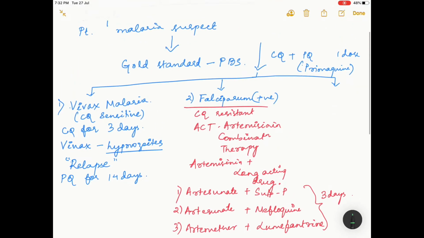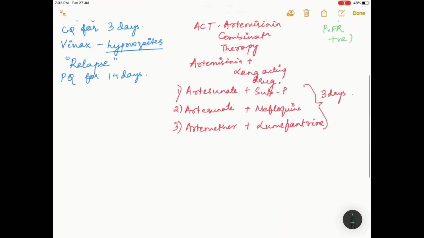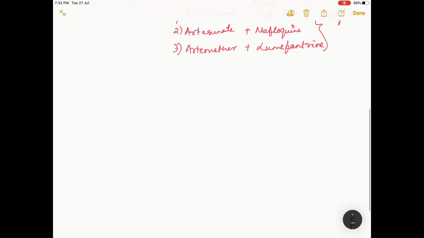Then the next thing is the infection can be a mixed type of infection, that is both Plasmodium vivax and Plasmodium falciparum positive. In this mixed infection, the treatment will be same as falciparum.